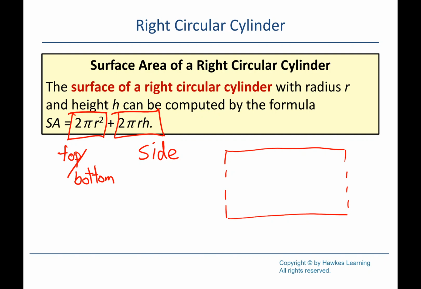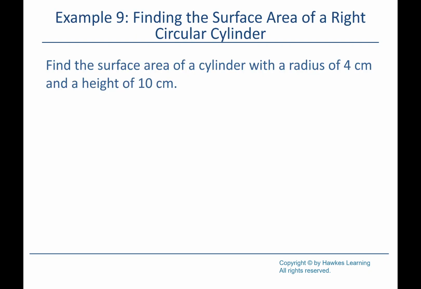Okay. So one more problem. Short section. Our last problem here says find the surface area of a cylinder with a radius of 4 centimeters and a height of 10 centimeters. So this one does give us the radius.